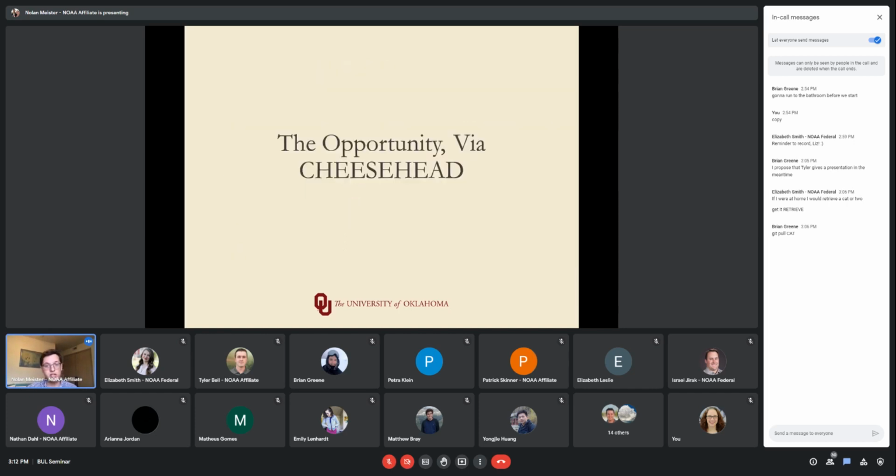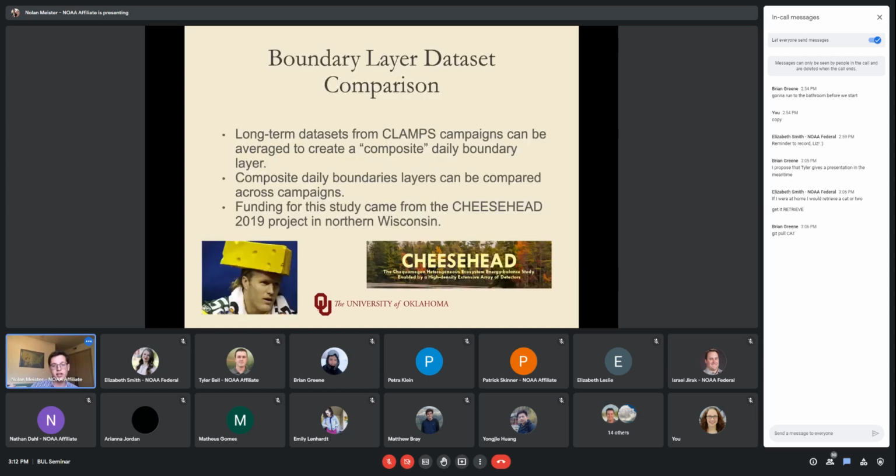And so that brings me into the opportunity for some boundary layer research via the CHEESEHEAD project. CHEESEHEAD stands for this down here. If I haven't learned the CLAMPS acronym, the CHEESEHEAD acronym is probably never going to happen for me, but that's okay. More importantly, I consider my research's patron saint to be Clay Matthews wearing a cheesehead hat.